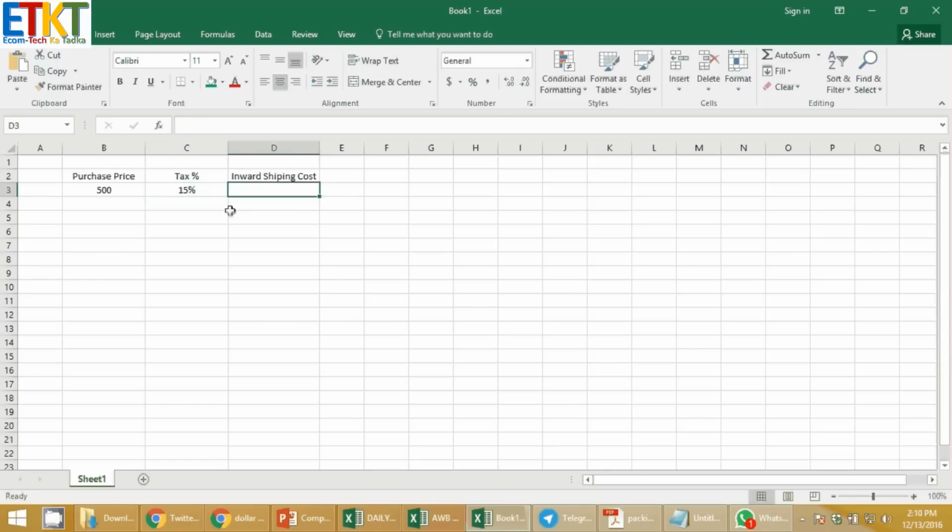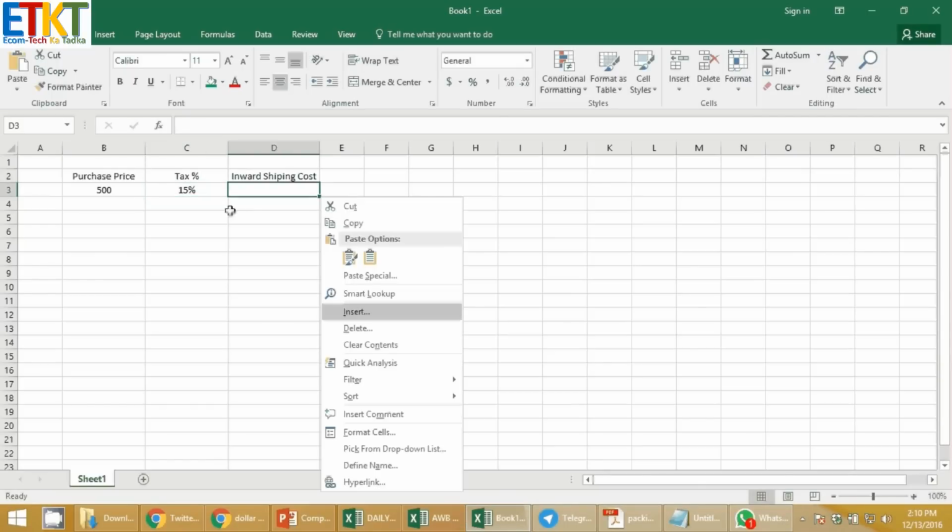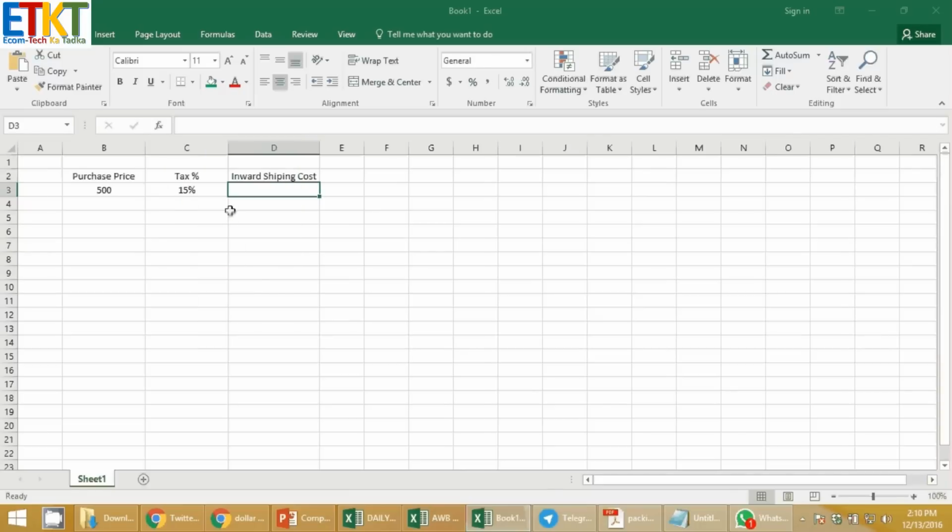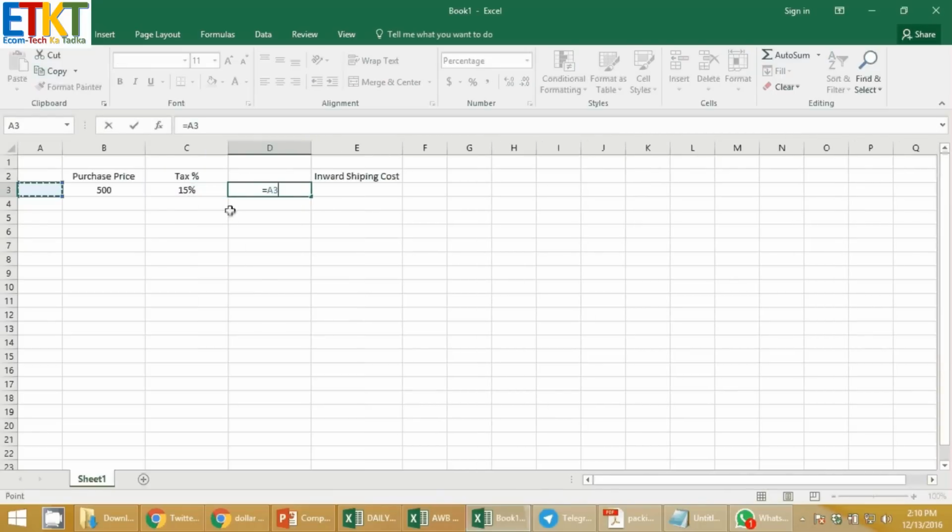Now my net purchase amount would be this into 100 divided by 115. Basically my net purchase amount without tax is 434.78. Now this is my net purchase amount.